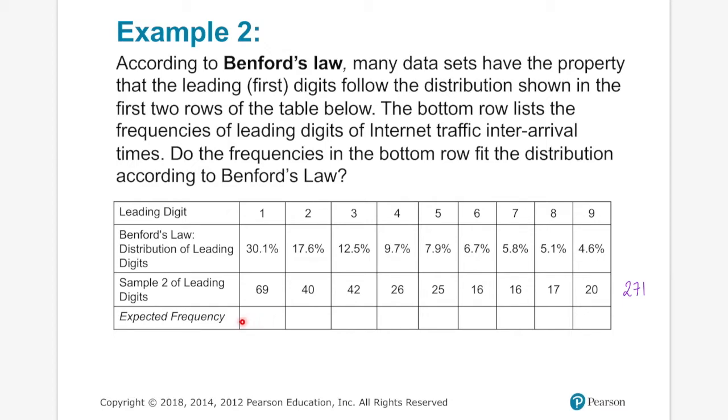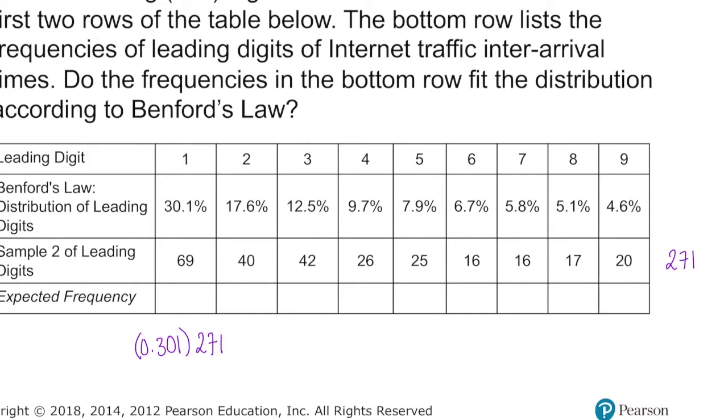So the first cell of my expected frequency should be 30.1% of 271. And I get 81.571. The second cell of my expected frequency is 17.6% of 271, which is 47.696.